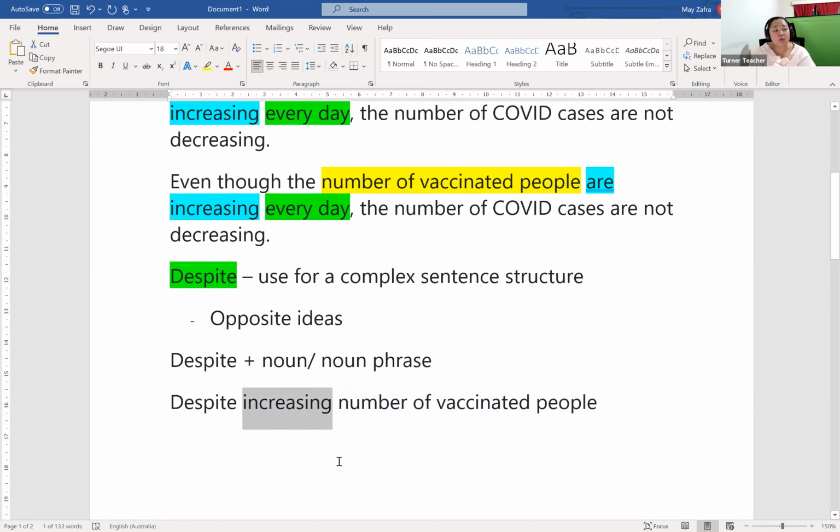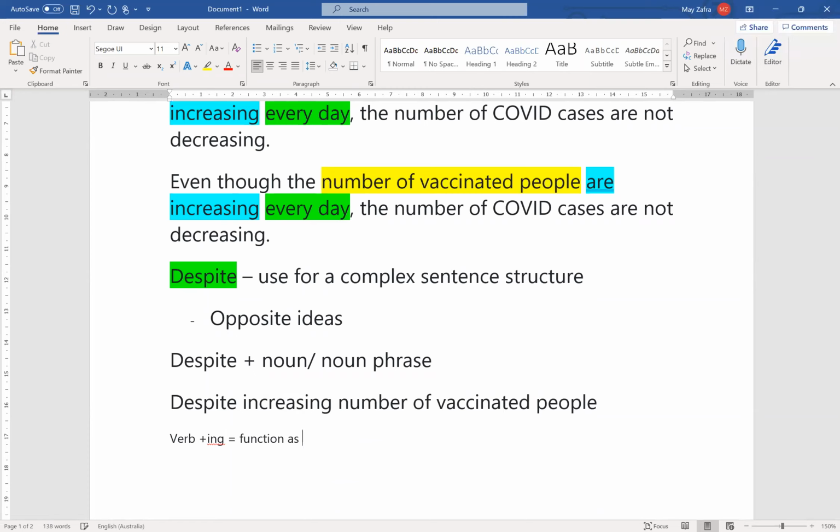Do you guys remember what a gerund is? Verb plus ING. Yes. So a gerund is when we use verb plus ing, and it functions as a noun. So the word increasing here is not a verb, but a gerund, which makes it a noun.